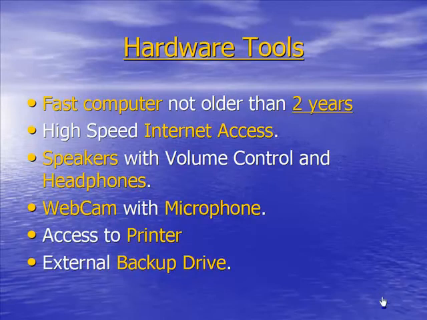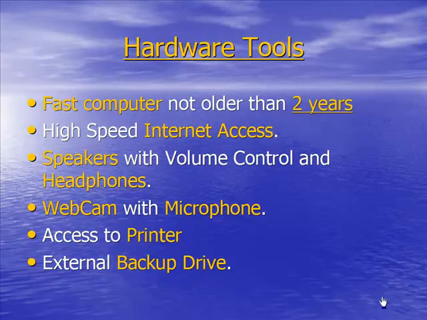It's getting cheaper and cheaper, hardware tools. So, fast computer. That's very important. Not older than 2 years. High-speed internet access. These two are the most important out of all, and they are the backbone of your productivity. So you've got to make sure that you have a fast computer and high-speed internet access.